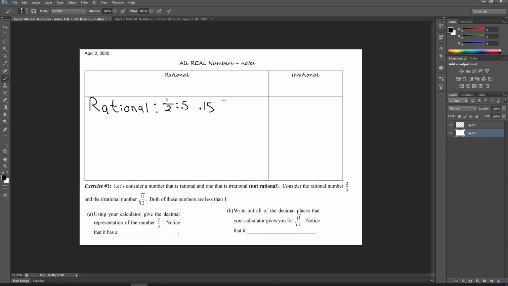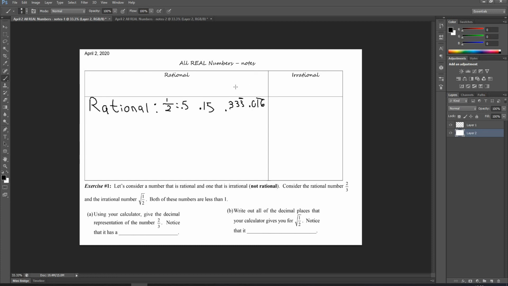The third option is any decimal that starts to repeat. So for example, 0.333, well, this repeats 3 over and over. Another option could be like 0.016, where the 16 is repeating.